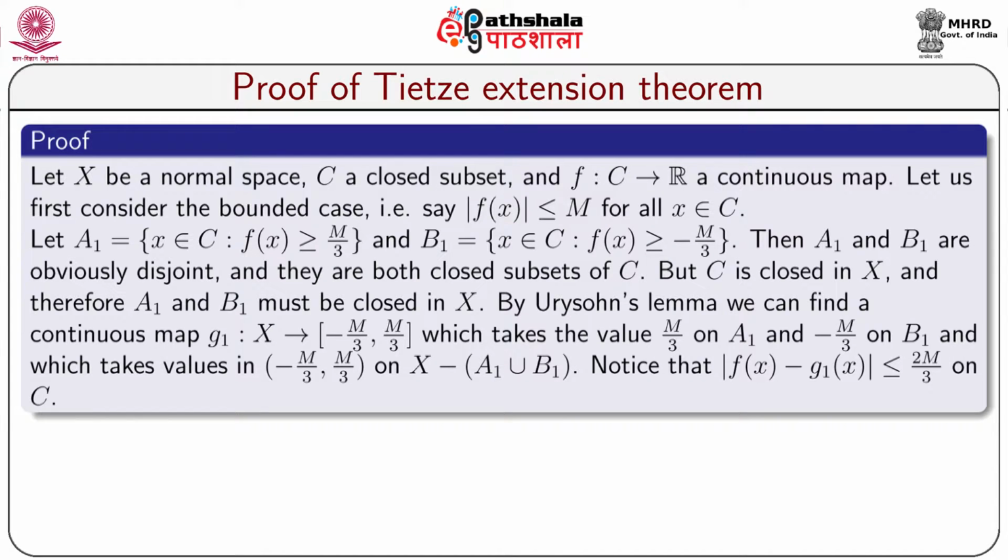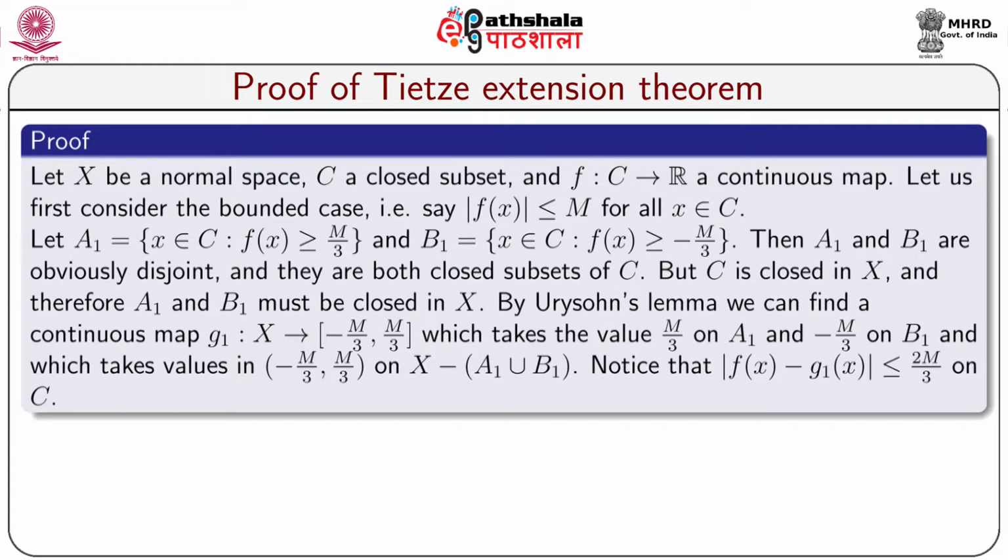Now, let us consider the following two sets. A1 is equal to all x belonging to C such that f(x) is greater than or equal to m/3, and B1 is equal to all x belonging to C such that f(x) is less than or equal to minus m/3. Then A1 and B1 are obviously disjoint.